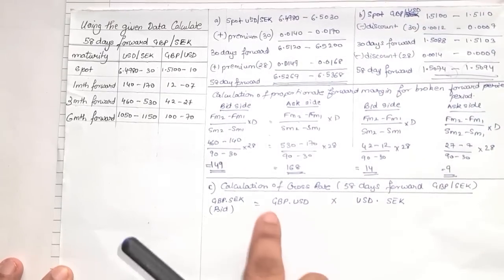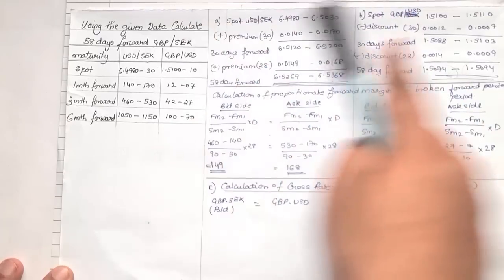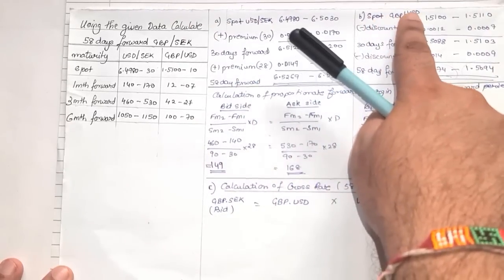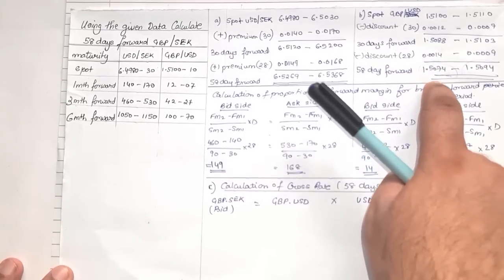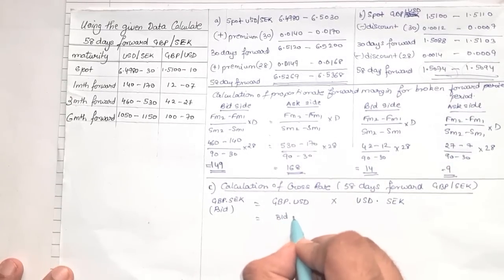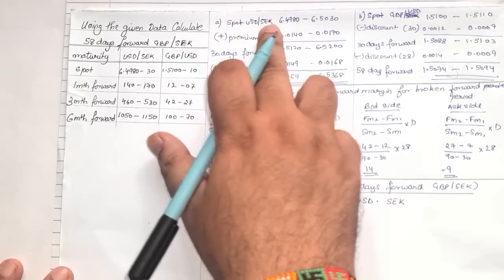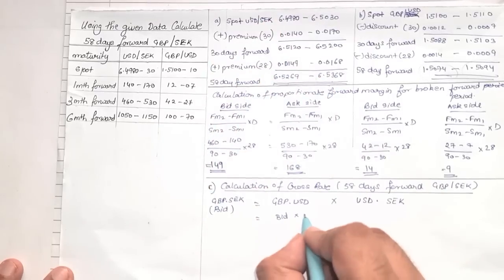Now GBP to USD, if you can see, it's in the same direction. If it is in the same direction, we can directly take the bid rate. So you're going to use direct bid into USD to SEK. USD to SEK is also directly given, so we can again use the normal bid rate here.